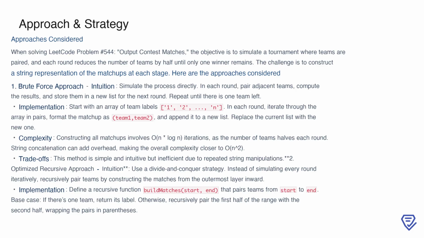To address this inefficiency, the optimized recursive approach was considered. This method uses a divide-and-conquer strategy to construct matchups from the outermost layer inward, avoiding iterative simulations. A recursive function pairs teams by dividing the range in 2, recursively pairing each half, and wrapping these pairs in parentheses. This approach reduces redundant operations and streamlines the process significantly.